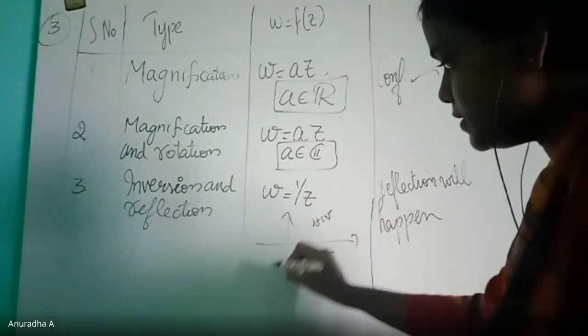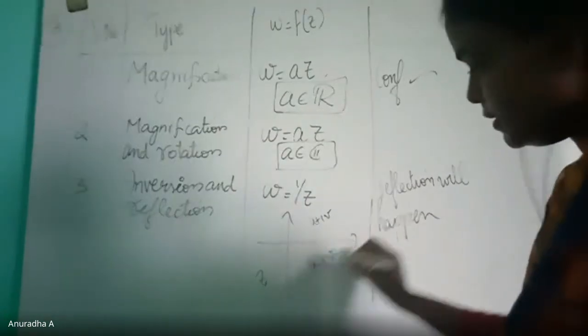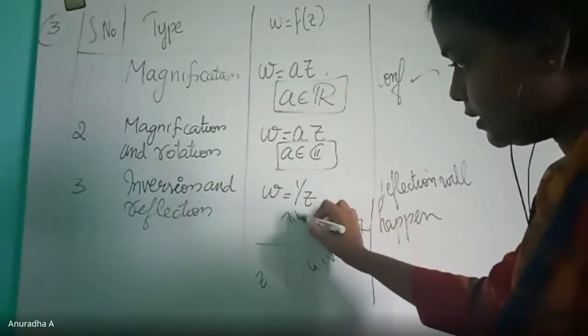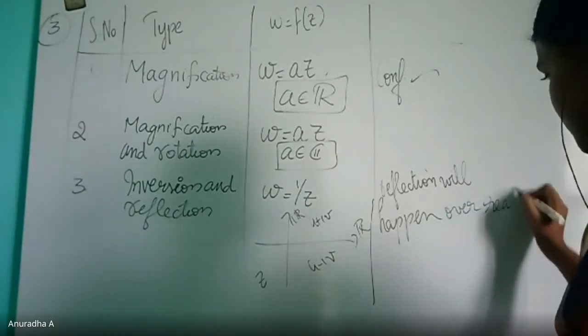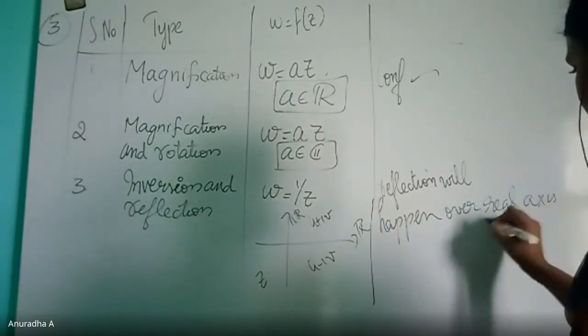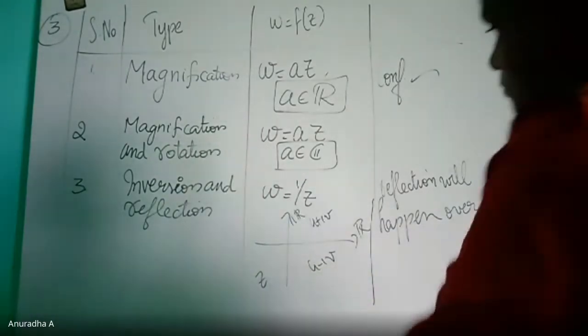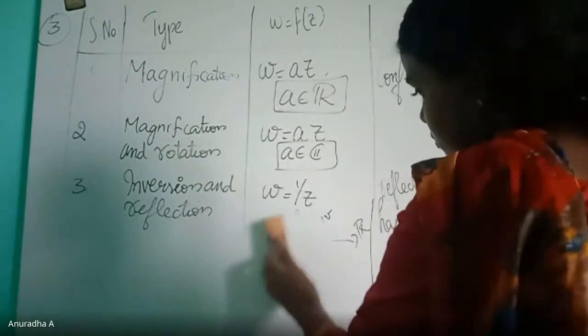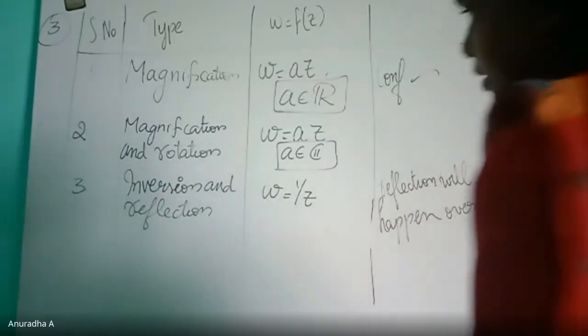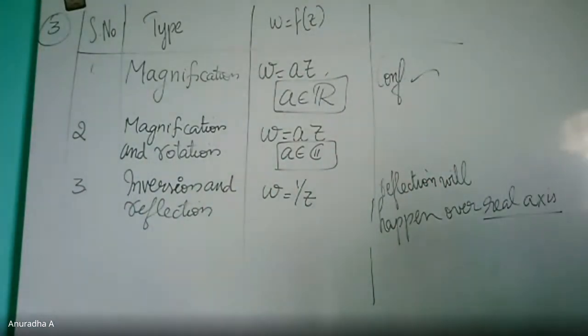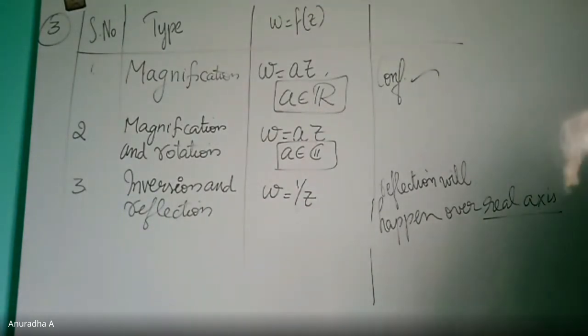In the z domain, this is real and this is imaginary, so it happens over the real axis. That is another MCQ. In inversion and reflection, or in the function w equal to 1 by z, the reflection will happen over the real axis. So these are the main three types.